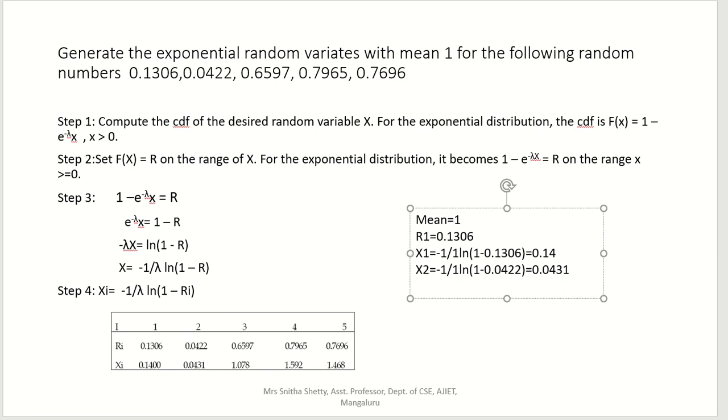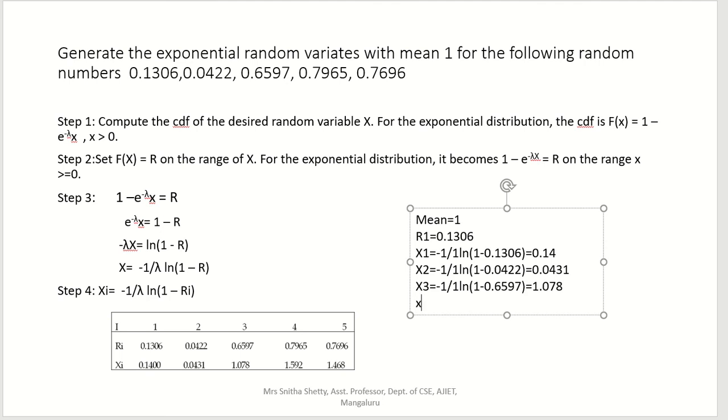Similarly, x3 is equal to again minus 1 divided by lambda. Lambda is 1. Next ln of 1 minus r3, which is 0.6597, right? So the answer you will get is 1.078.